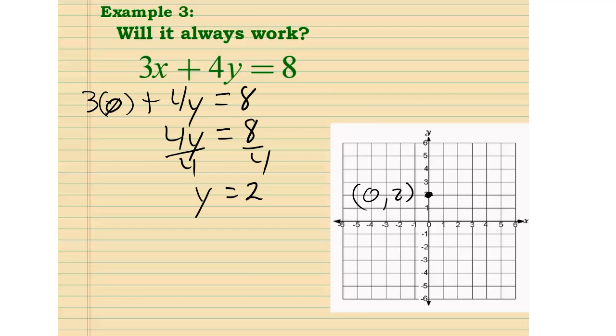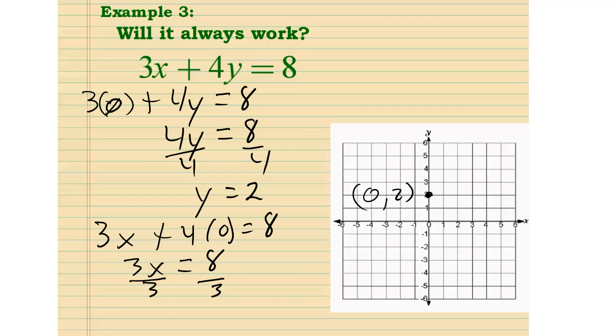Then I'm going to pretend y is 0, and I have 3x plus 4 times 0 equals 8. 4 times 0 is 0, so I have 3x equals 8. Divide by 3, and x is equal to 8 over 3. Oh, that's not quite so easy to graph, is it? Let's see, 8/3 is 2 2/3, I think, something like that. 2, and so it's approximately here. Well, that's kind of guessing.